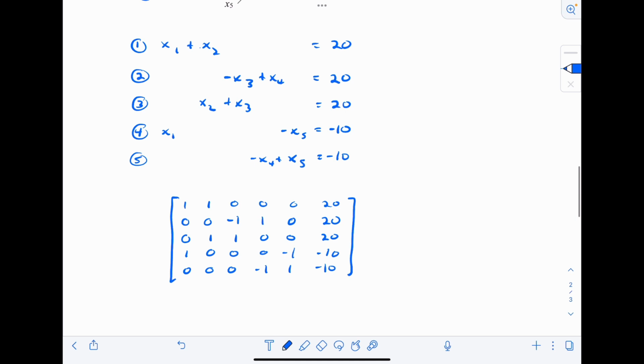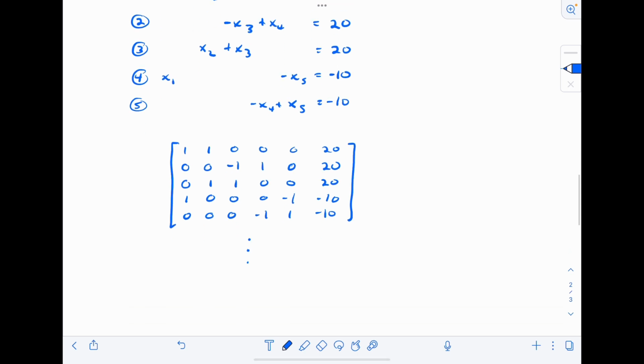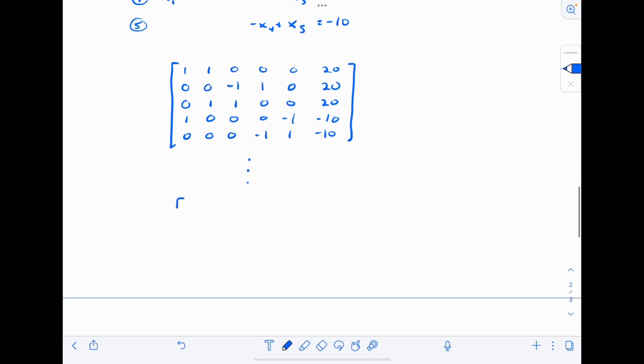Now, obviously 5 variables, 5 unknowns, but if you look at this, there's actually not a lot of work to do if we were to use Gauss-Jordan elimination, which again, I'm not going to go through. If we were to use that and get it down to row-reduced echelon form, what happens in this case is a little bit different than what we had before.